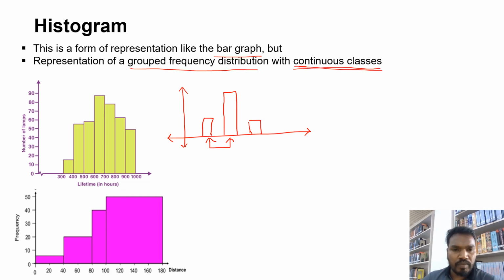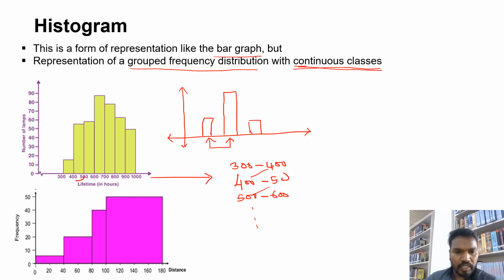For example, the classes start from 300 to 400, the first bar, and the second bar is 400 to 500, and the next one is 500 to 600 and so on. So these are all continuous classes. Clear?